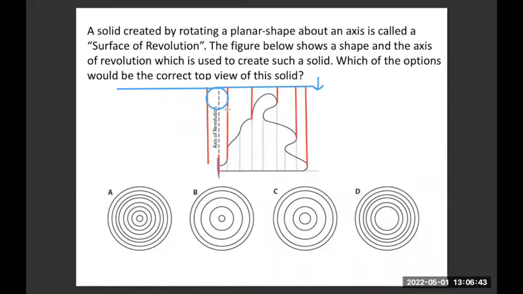So this looks like a complete circle here, like this. So after drawing this, can anybody suggest what would be the correct one?